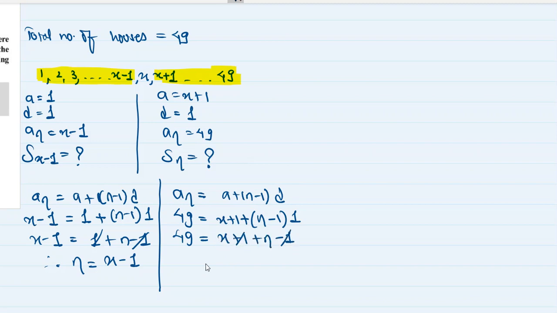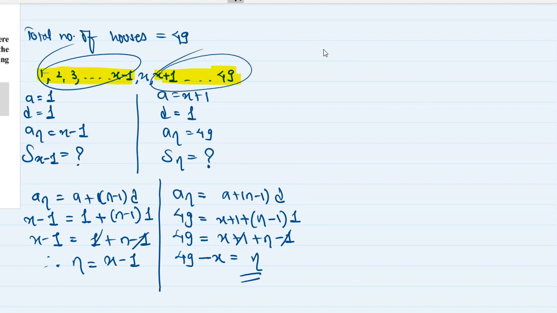Minus 1 plus 1 gets cancelled. So 49 minus x is equal to n. We have been told that the sum of all these terms is equal to the sum of all these terms. That is, the sum of x minus 1 terms is equal to the sum of 49 minus x terms. Okay, so what is the sum of x minus 1 terms?